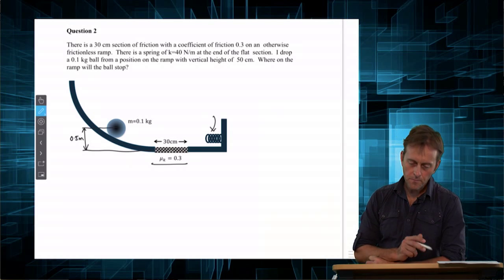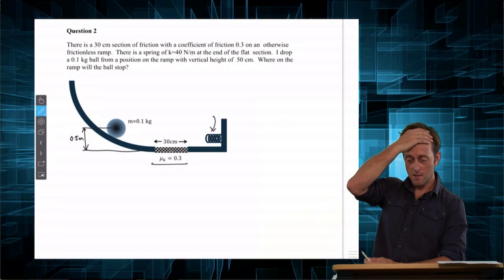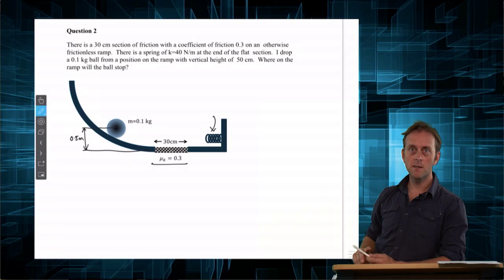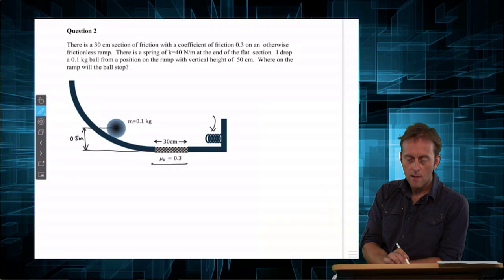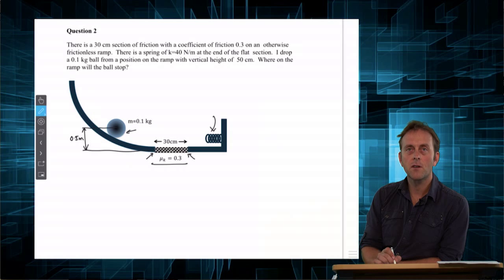Now, the brute force way to solve this is quite nasty and takes a few pages of derivation to do. What students sometimes do is they work out what the potential energy of the ball is at this point. They work out what its kinetic energy is at this point. Then they work out what its kinetic energy is after it's gone across the friction.